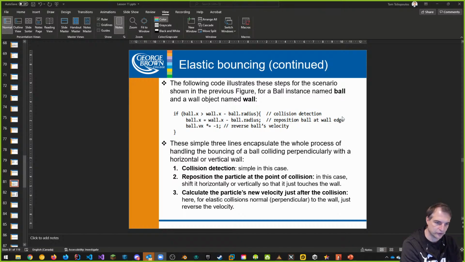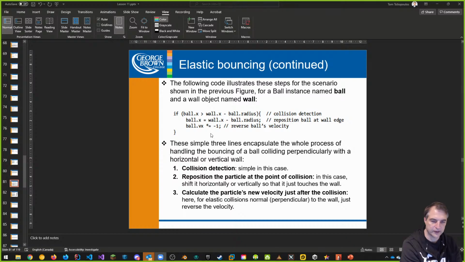So first reposition the ball at the wall edge, and then reverse the ball's velocity, where the velocity of the ball, V, you're multiplying by -1. In other words, you're reversing the velocity for the next time step.